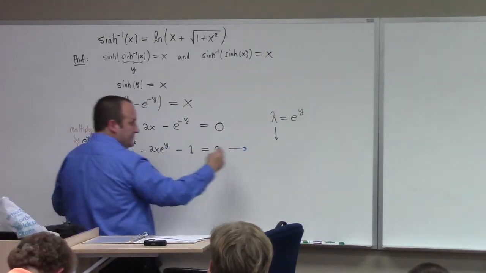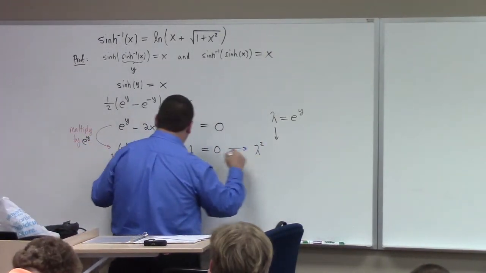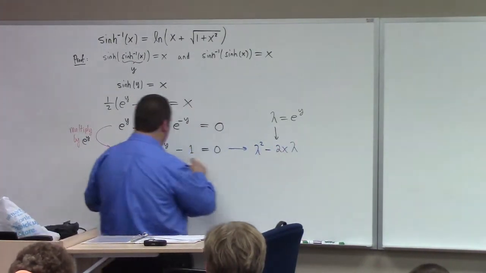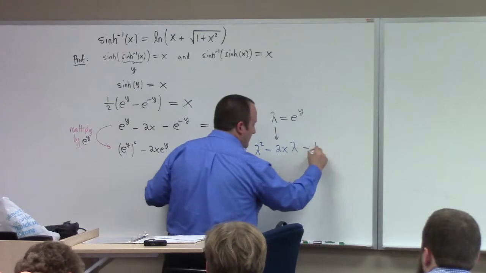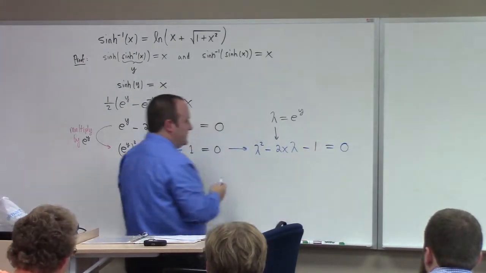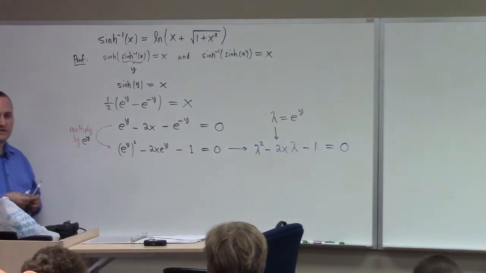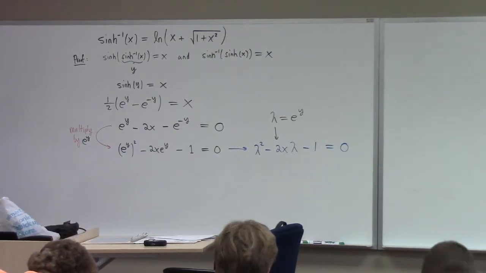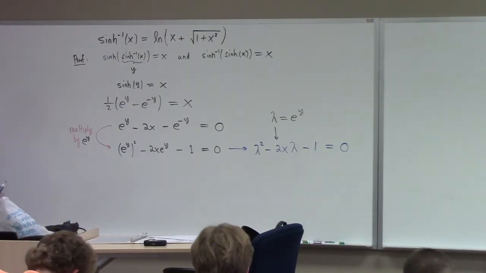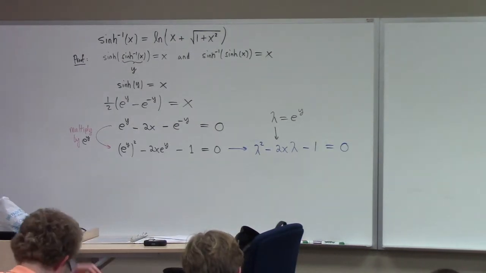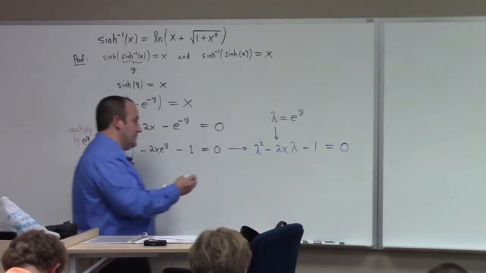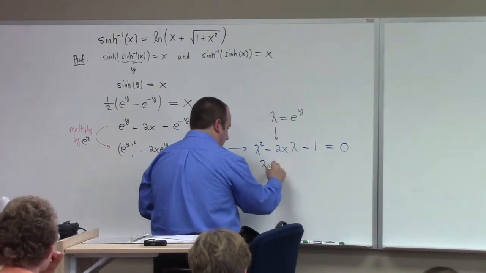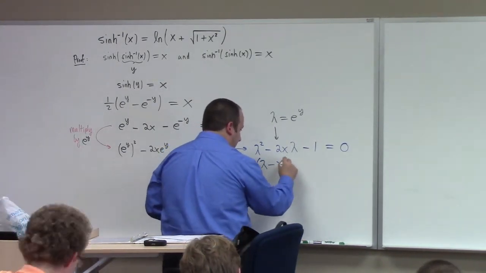Lambda squared minus 2x lambda minus 1. So this is a polynomial in lambda, right? It's a quadratic. So how do you solve quadratic equations? Factor or quadratic formula. I'll complete the square. You guys usually need practice with that. So I take half of this, which is x. I square it, right?